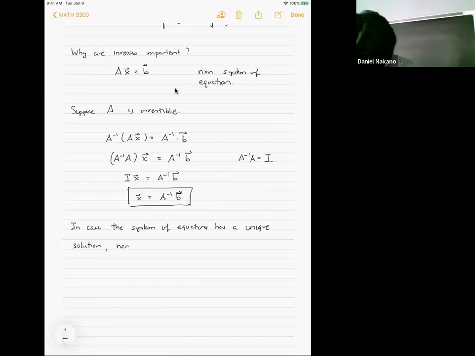Namely, X equals A inverse B. Okay, so if you have an invertible matrix, then any system of equations you have involving AX equals B will have a unique solution. Okay, any questions on this? All right, so we'll do another example.